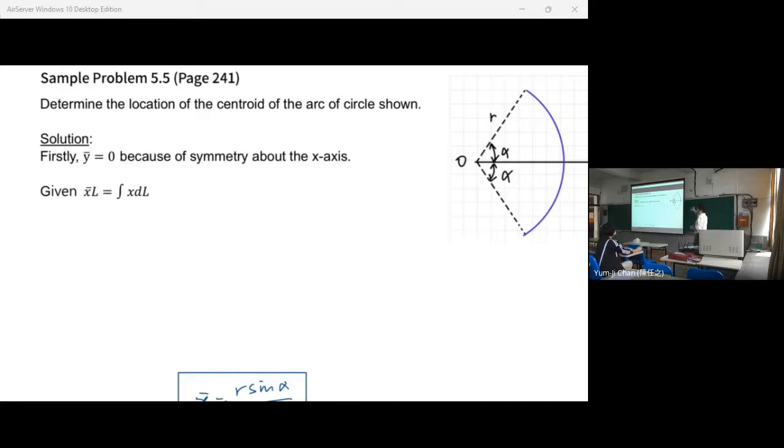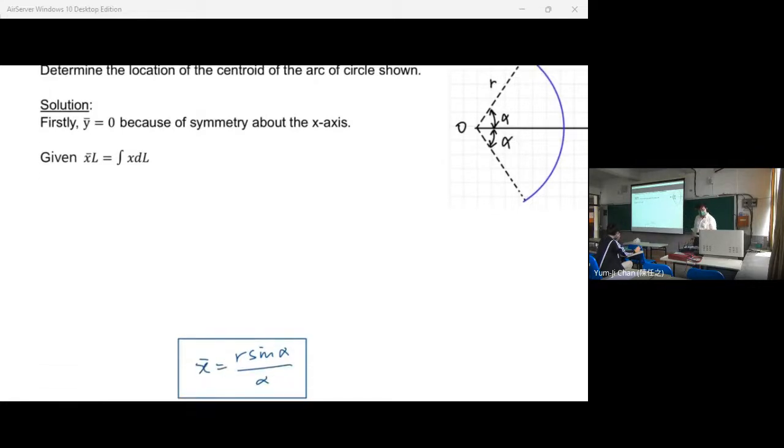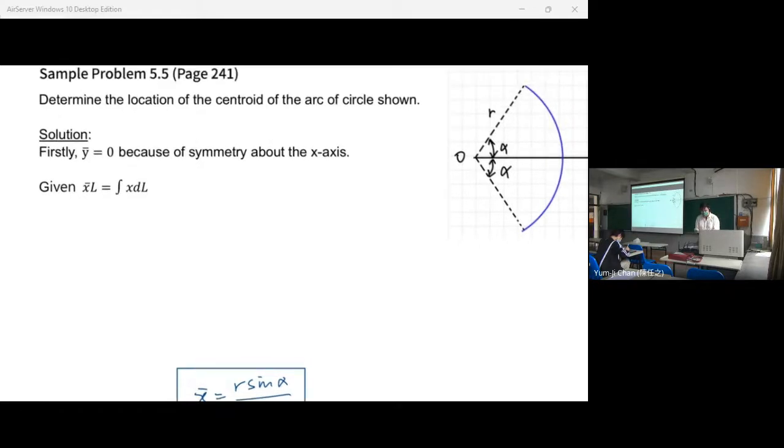I asked you to memorize this result, but how do we get this result? For this shape, we determine the location of the centroid, that is x bar, y bar.